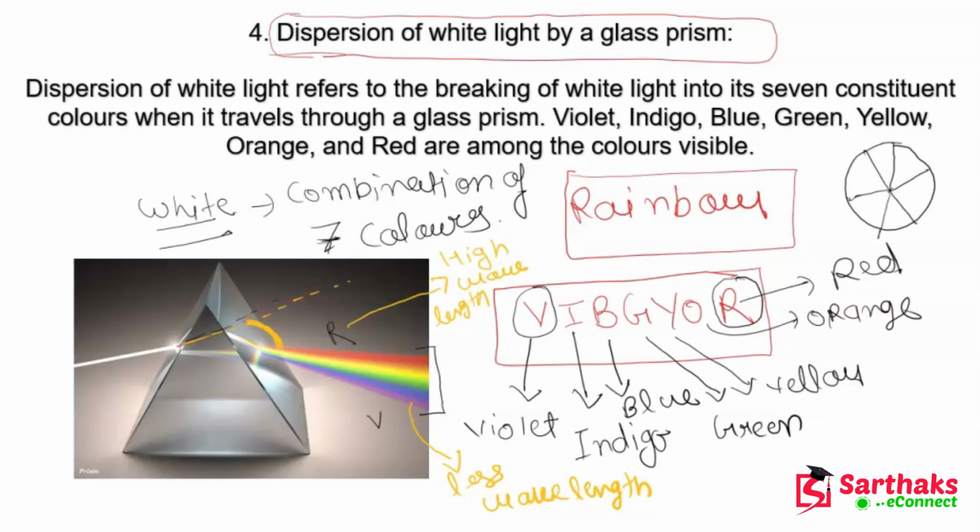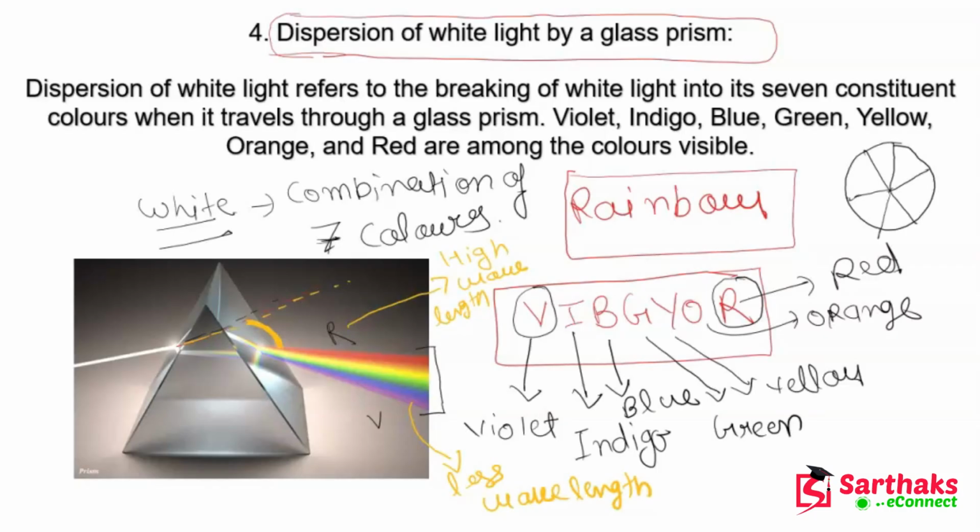So this is the reason that the rays of each color emerge along different paths and thus become distinct. All the light rays are emerging along different paths because they are refracting at different angles. That's why we are able to see them separately.